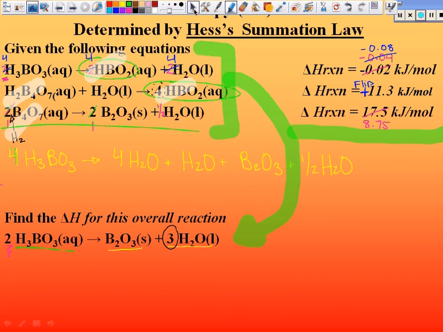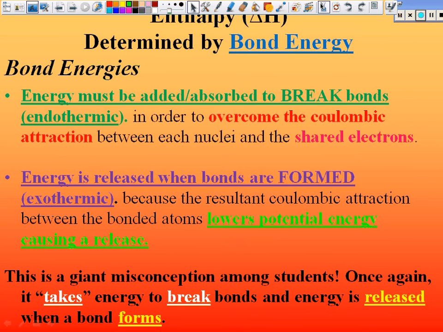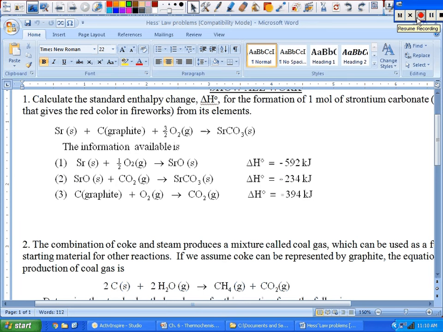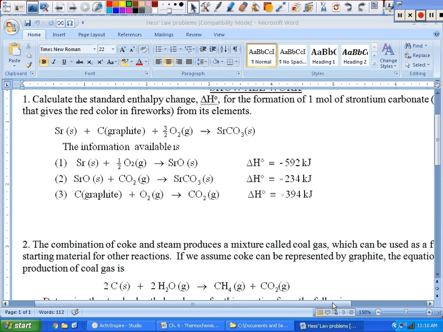All right. So let's actually do the worksheet that I gave y'all. If y'all will look at this sheet right here, it's on the back. These are a little bit better practice problems. It's this one right here. All right, so this is the sheet we're going to work on now. Calculate the standard enthalpy change, delta H, for the formation of 1 mole of strontium carbonate, the material that gives the red color in fireworks, from its elements.